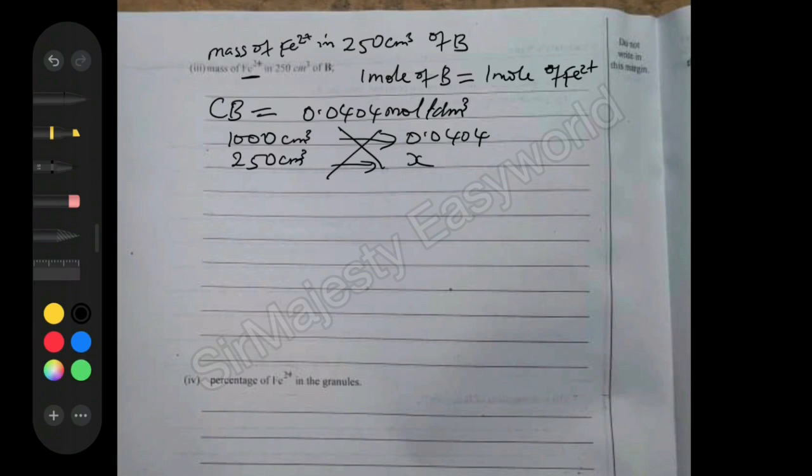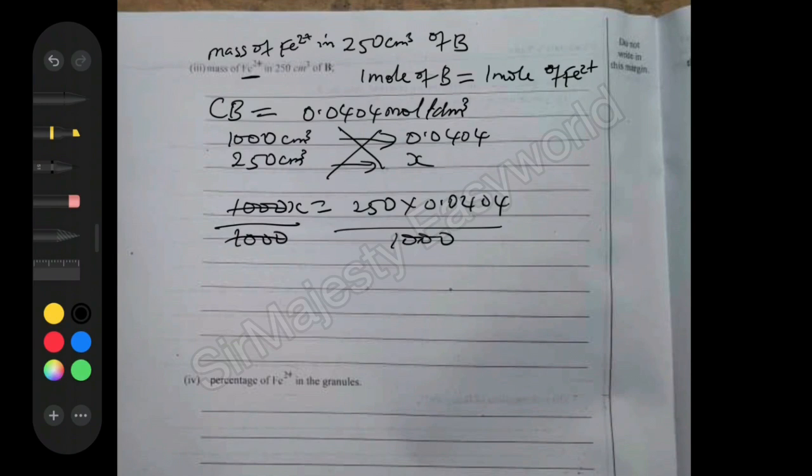So from this, we have that 1000x is equal to 250 times 0.0404, such that for x alone we divide both sides by 1000. This will cancel, this will cancel.